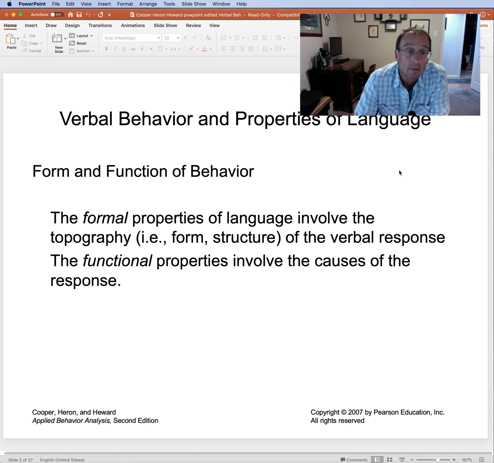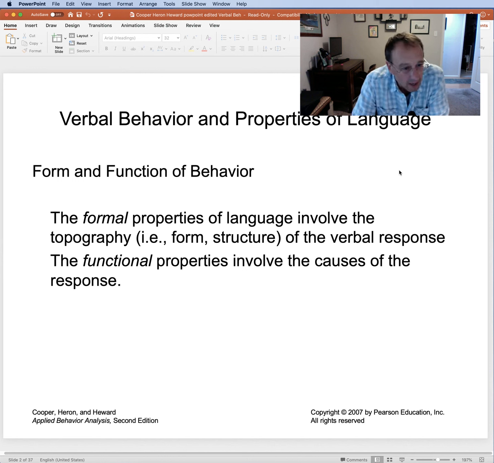All right, so what you've previously been exposed to, though, is more of the structure or the form, the formal properties of language and verbal behavior. And this is much more topographically based. What do the words look like? How do sounds and symbols, consonants and vowels combine to create different sounds, to create different words?